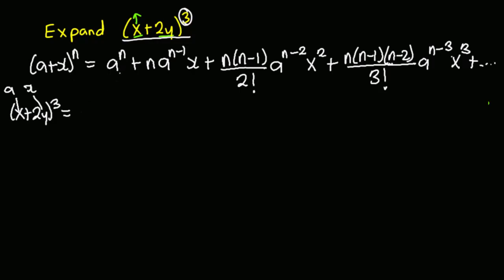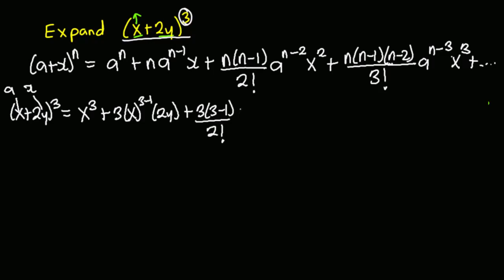So applying this formula, a is x, so that gives us x cubed plus n is 3 multiplied by a exponent reduced by 1, 3 minus 1, multiplied by x, and x is 2y, plus 3 into bracket 3 minus 1 all divided by 2 factorial.